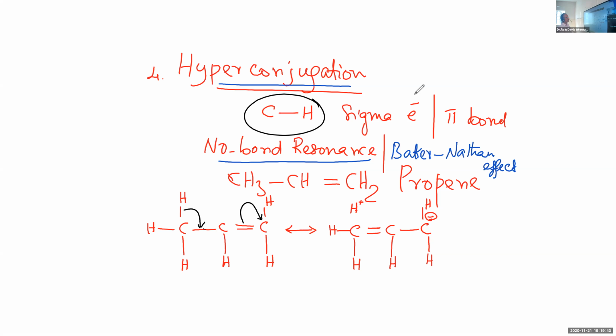It was studied by Baker and Nathan, and so it is called the Baker-Nathan effect. It is called a no bond resonance because there is shifting of the electron pair, but there is no actual bond between the H plus ion and the carbon atom.